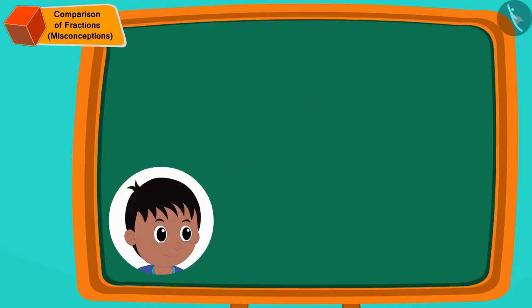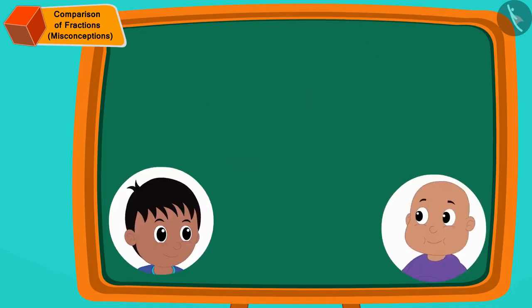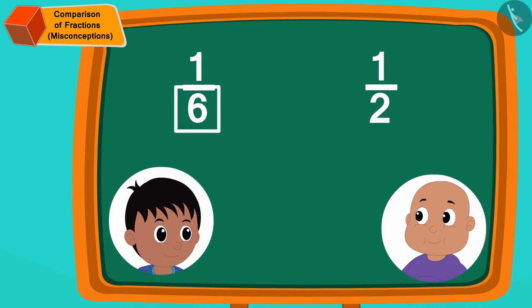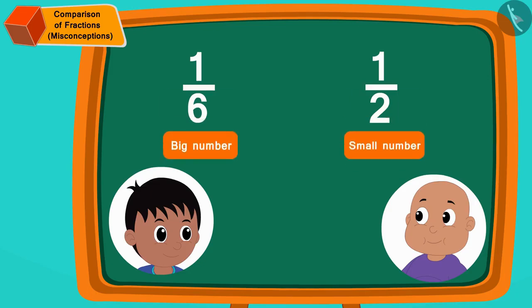Now Raju once again started teasing Bablu that he got 1/6 part of sandwich and Bablu got 1/2 part of sandwich. And because 6 is a larger number than 2, he got a larger portion of the sandwich.